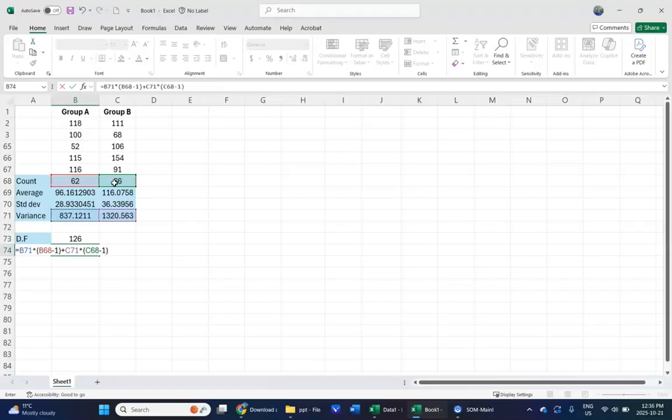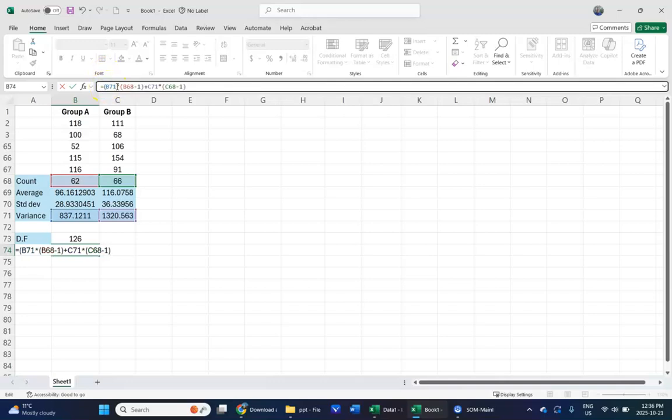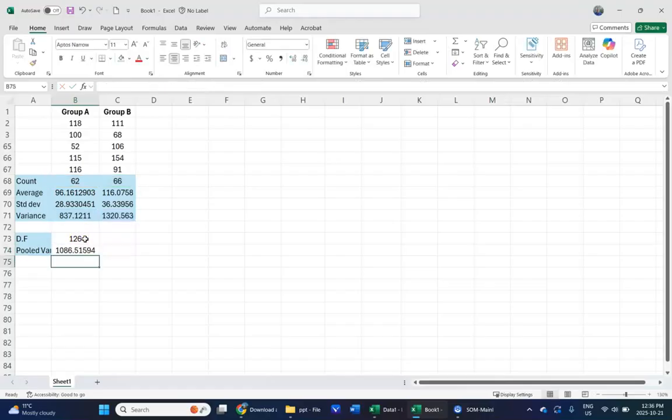Close our brackets. What we need to put in here, and I forgot to do that, is brackets around everything, beginning to end. And then we can divide by the degrees of freedom, or we can divide by n1 plus n2 minus 2, which is our degrees of freedom, 126. That's our pooled estimate for our variance.